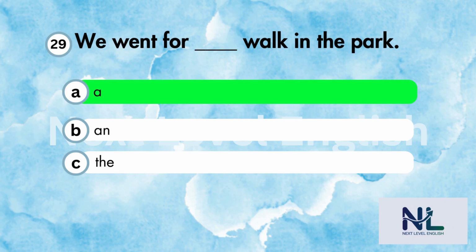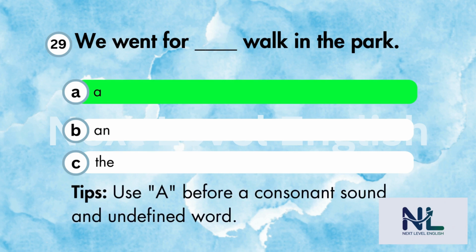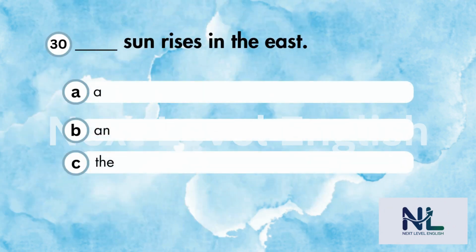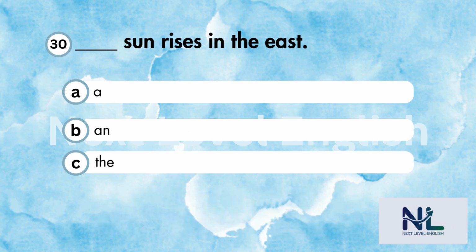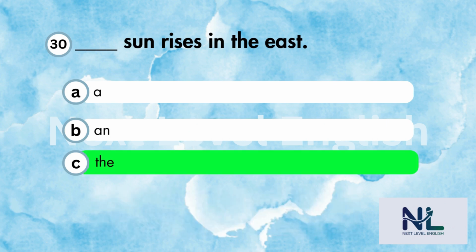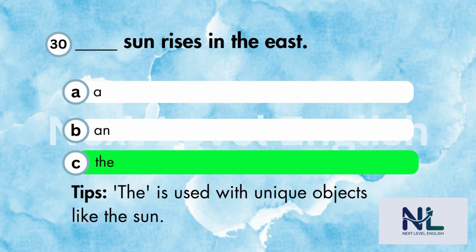A. Tips: use "a" before a consonant sound and an undefined word. 30. The sun rises in the east. The. Tips: "the" is used with unique objects like the sun.